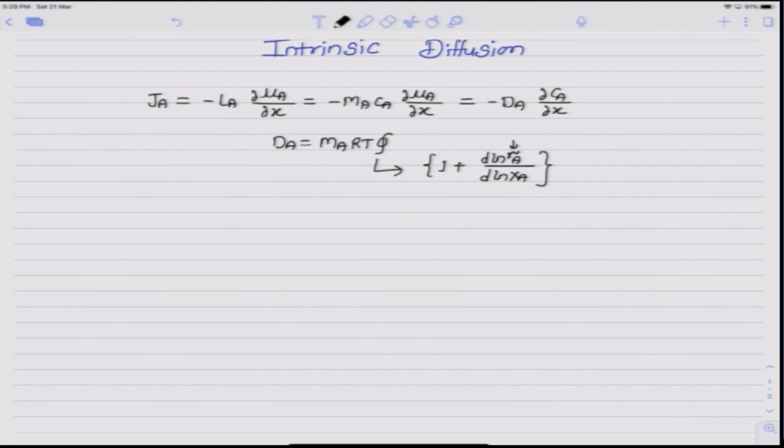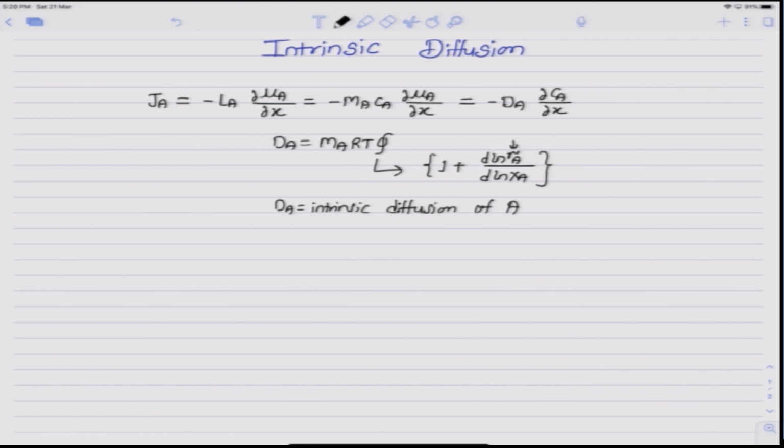Now this flux is actually the intrinsic flux, and so D_A here is basically the intrinsic diffusion coefficient of A.